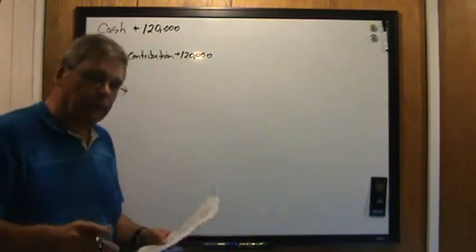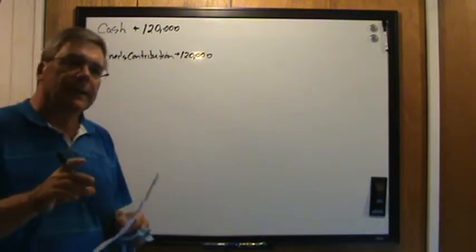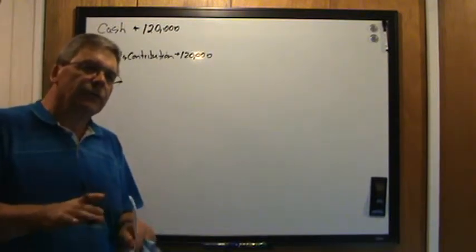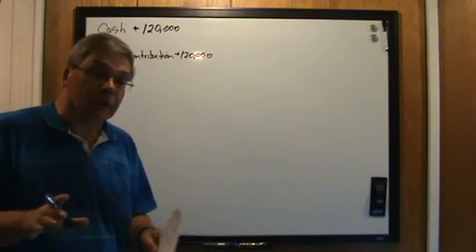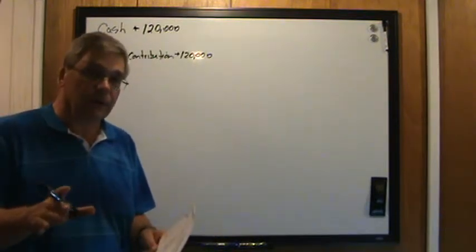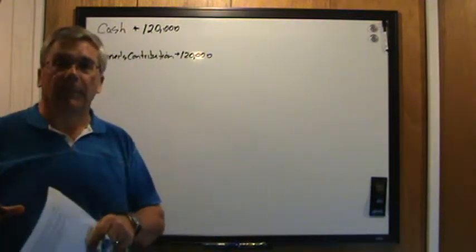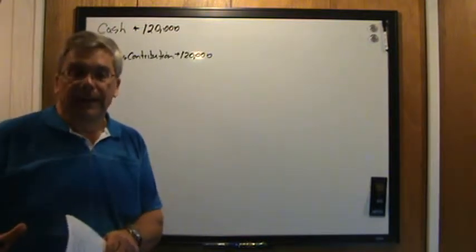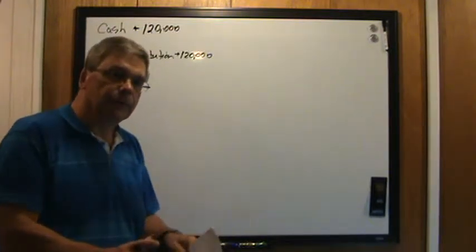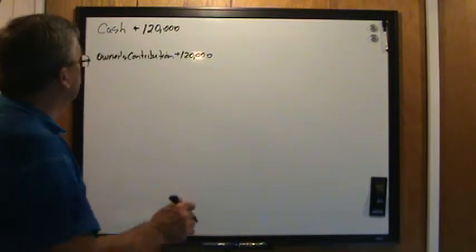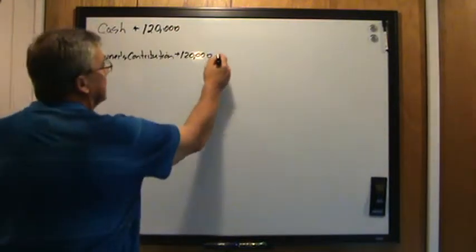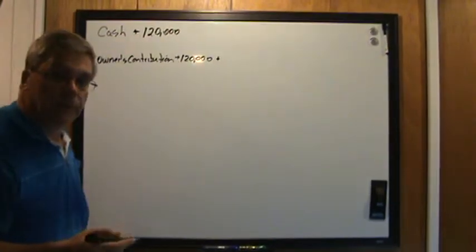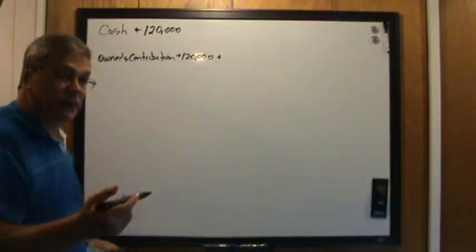The office equipment valued at $10,000 is a recognition that a contribution by an owner doesn't have to be cash. It can be any asset. In this case, the owner has taken some personal office equipment and moved it into her business. $10,000. So again, that's owner's contribution. Doesn't matter that it's not cash.